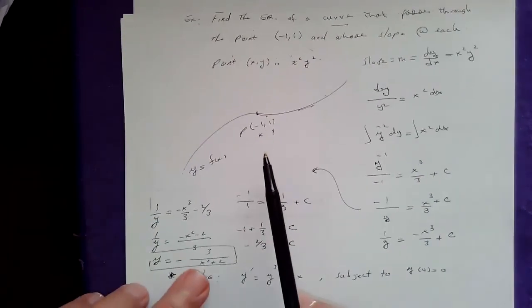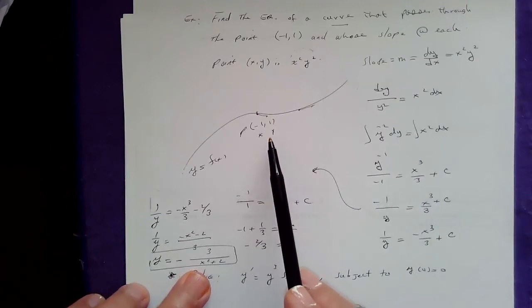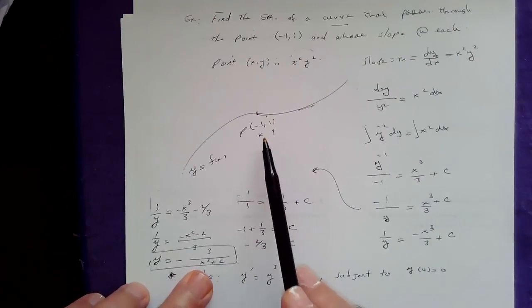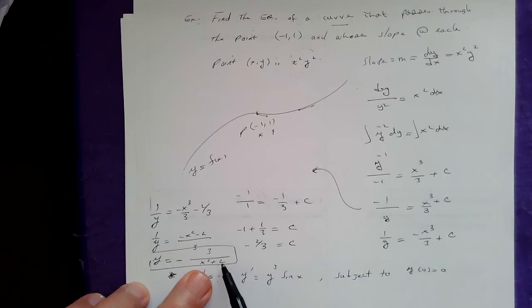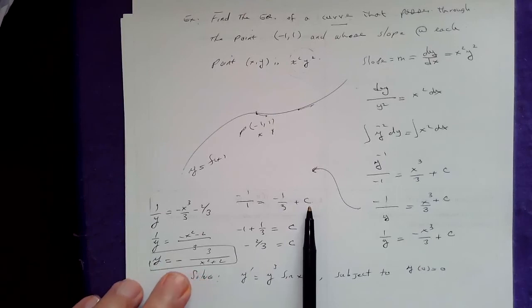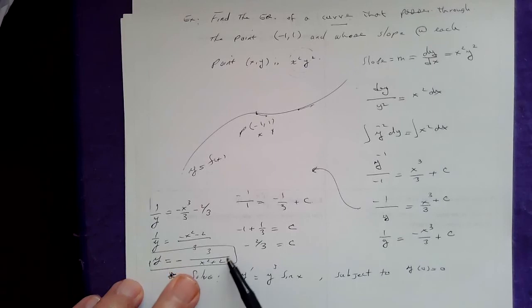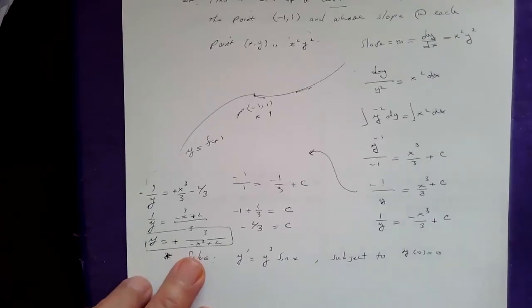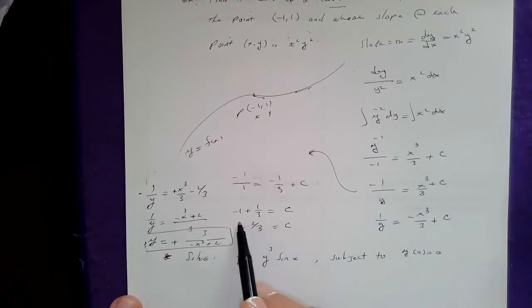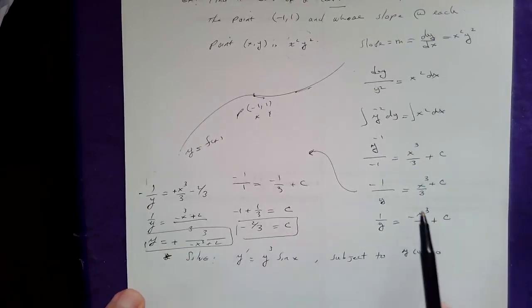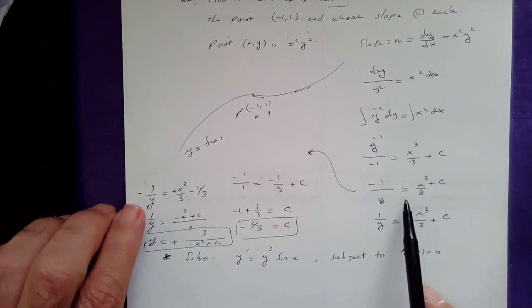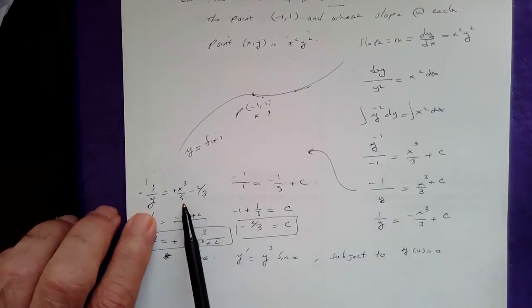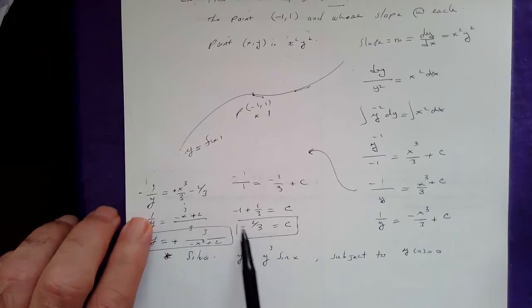So if you stick this point here, you get what? Let's see now. So we found c is equal to negative 2/3. So if you substitute it right here, you get negative 1 over y equals x cubed over 3 minus 2/3.